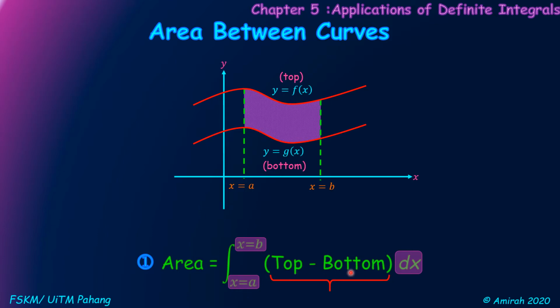And for function top and bottom, we need to write in terms of variable x from here. And to write in terms of variable x means we need to write y as a subject, right? So area between curves equals integration from x equals a to x equals b, top minus bottom dx. Alright, this is the first formula for area between curves.